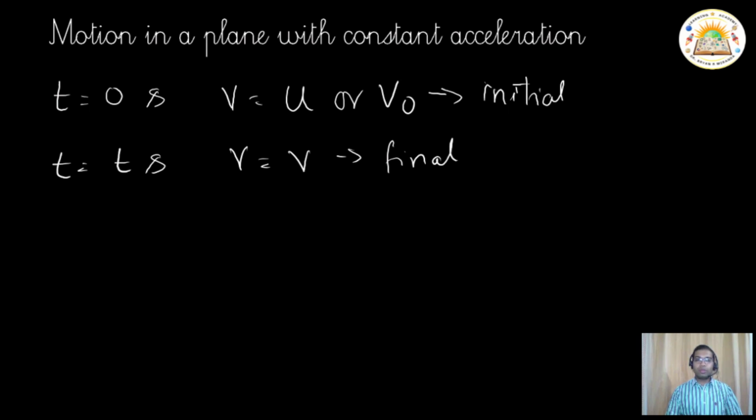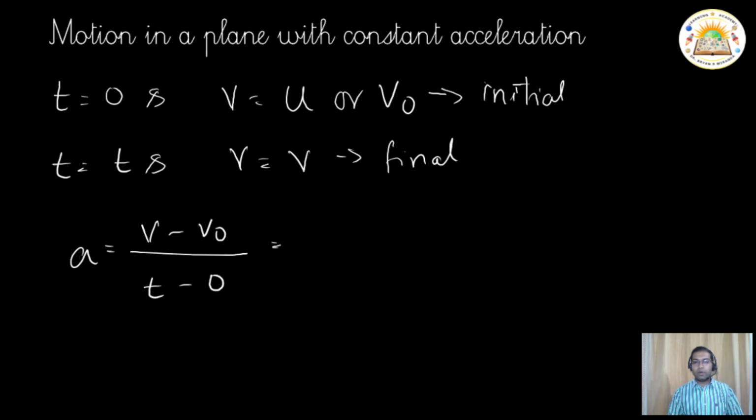Now we are going to use this idea to find out what is the acceleration. Previously we have defined acceleration in terms of velocity as well as displacement. So acceleration here would be nothing but v minus v naught divided by t minus 0.